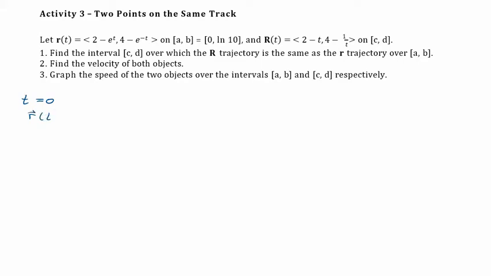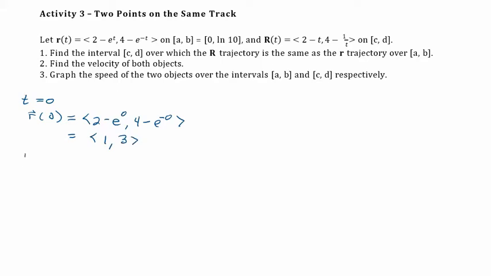Let's plug 0 in for t and see what the coordinates of that point are. So e to the 0, and then 4 minus e to the opposite of 0. That's going to give us 2 minus 1, which is 1, and 4 minus 1, which is 3.